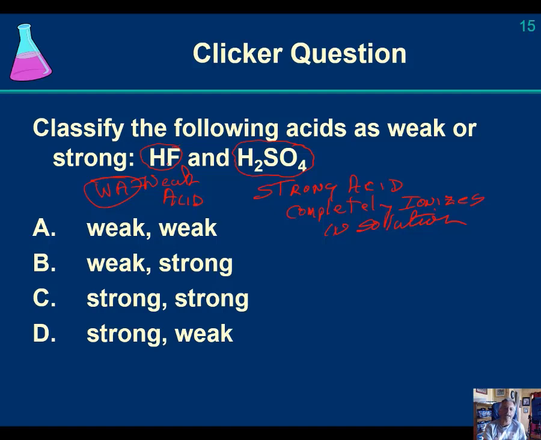HF, hydrofluoric acid, it will etch glass, but it is a weak acid. So which one do you think I would rather have spilled on me? Sulfuric or hydrofluoric? Sulfuric is strong, hydrofluoric is weak. It's an interesting question. And the answer is I would actually rather have this strong acid.